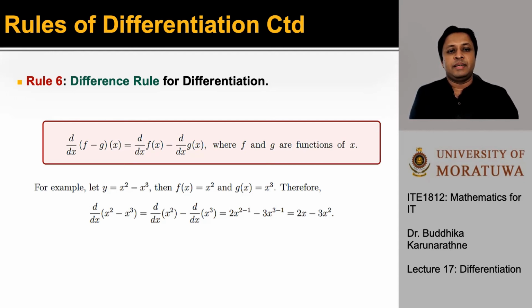Then we can take f(x) as x squared and g(x) as x cubed. Therefore, if you want to take d over dx of x squared minus x cubed, you can simply take the derivative of x squared and the derivative of x cubed and take the difference. Similarly to the last example, it will become 2x minus 3x squared.